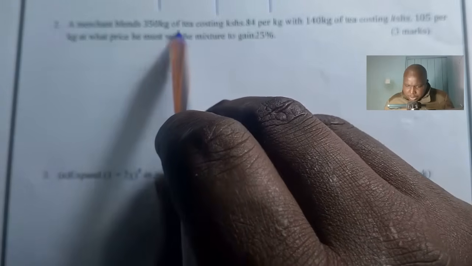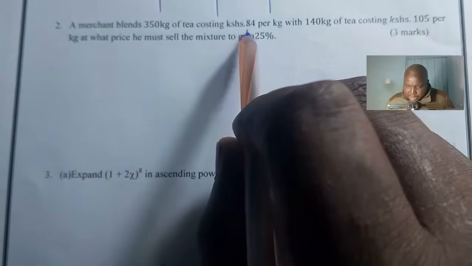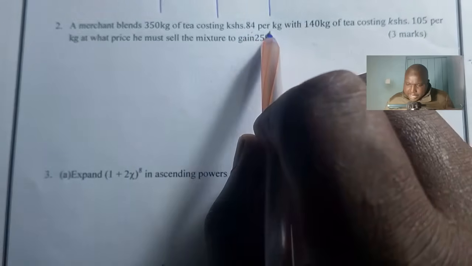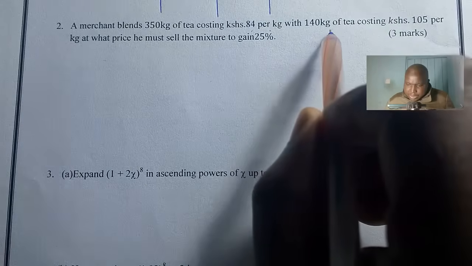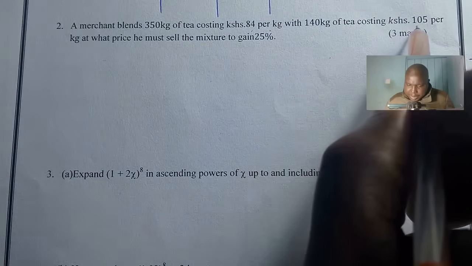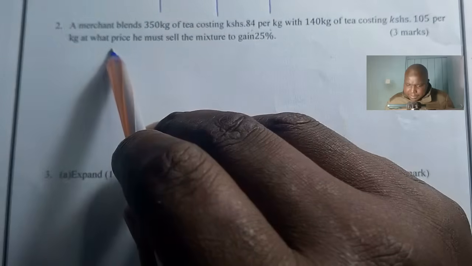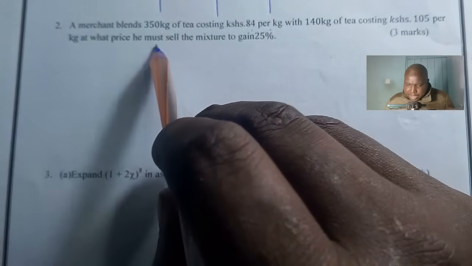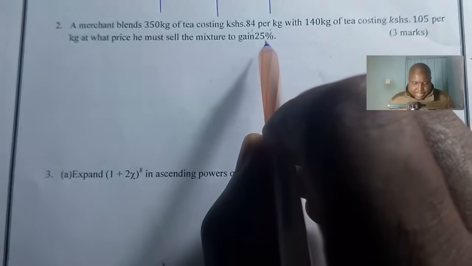350 kilograms of tea costing Kenya shillings 84 per kilogram is mixed with 140 kg of tea costing Kenya shillings 105 per kilogram. At what price must he sell the mixture to gain 25%?